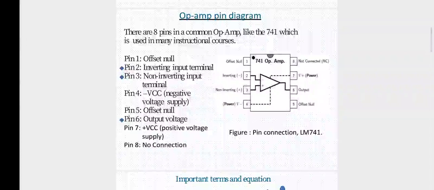Pin 2 represents the inverting input terminal. The third pin is the non-inverting input terminal. The fourth pin is VCC negative voltage supply. The fifth pin is offset null. The sixth pin is the output voltage. The seventh pin is VCC positive voltage supply. And the eighth pin is no connection. This is the pin diagram of the op-amp.